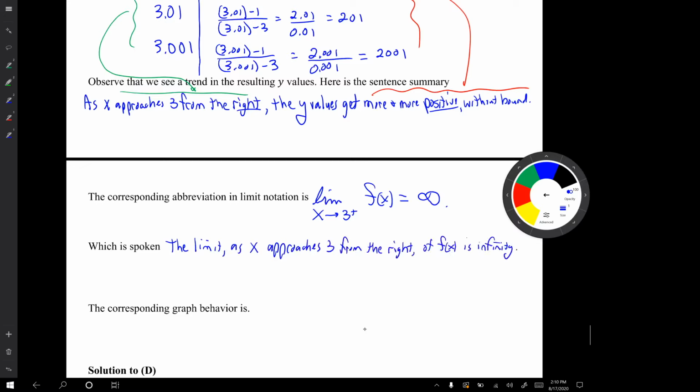The corresponding graph behavior is that the graph of f of x has a vertical asymptote with line equation x equals 3, and on the right side of that vertical asymptote, the graph is going up along that asymptote.